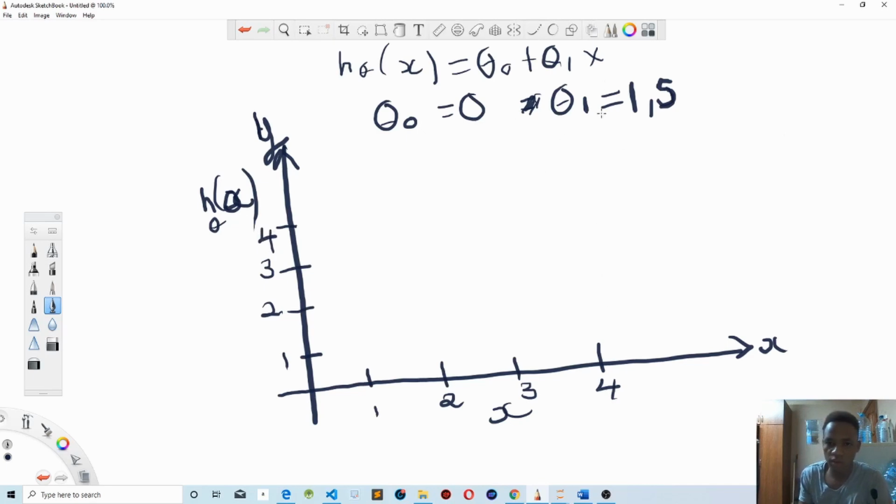Let's start with when x is equal to 0. When x is equal to 0, that means our hypothesis h theta of x is also equal to 0. But when x is equal to 1, h theta of x is equal to 1.5. So 1.5 is somewhere around here.